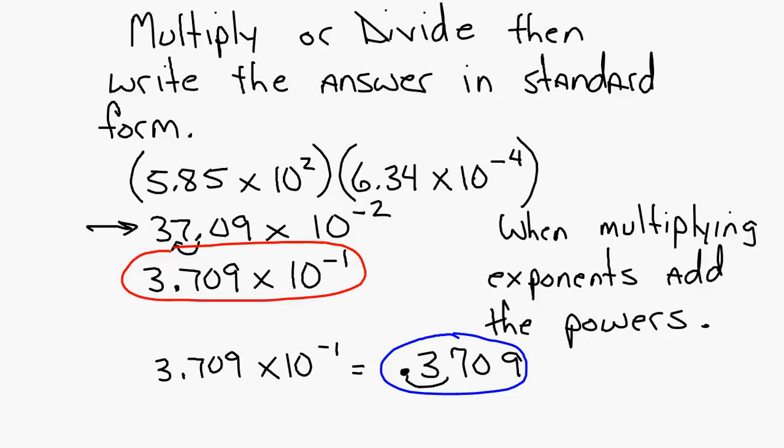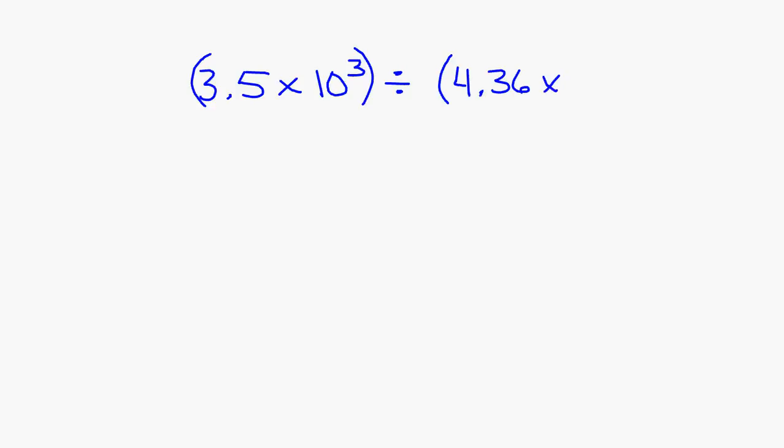When you are dividing, let's say you got 3.5 times 10 to the third, and it's being divided by 4.36 times 10 to the fifth.